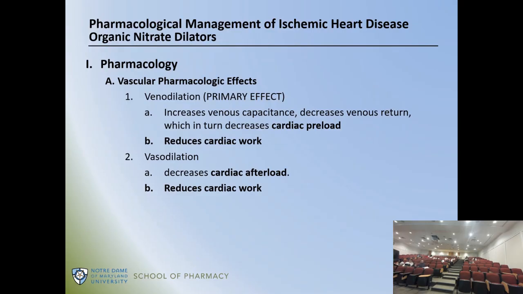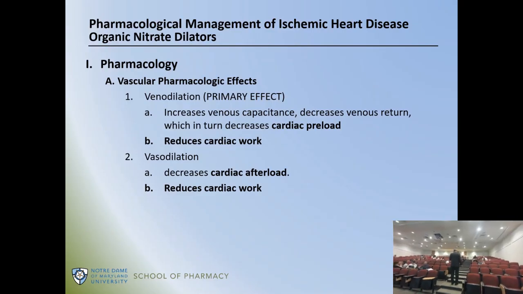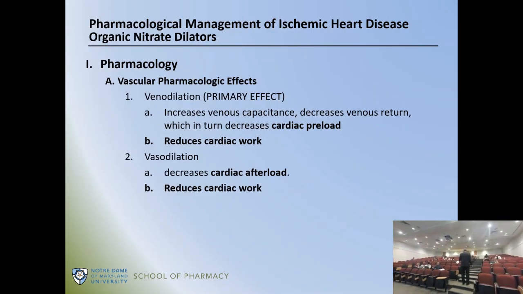That in turn has an effect on preload, the amount of blood in the left ventricle prior to contraction. The less blood coming back to the heart, the lower the preload. The lower the preload, the less work that the heart has to do in order to pump blood through the systemic circulation. So the venodilating effect of your nitrates can reduce cardiac work. Okay?